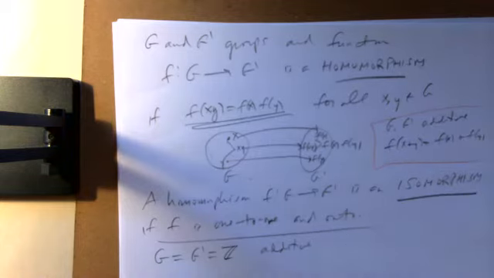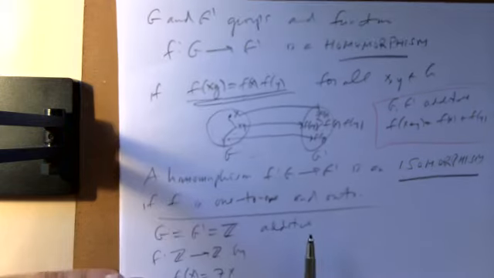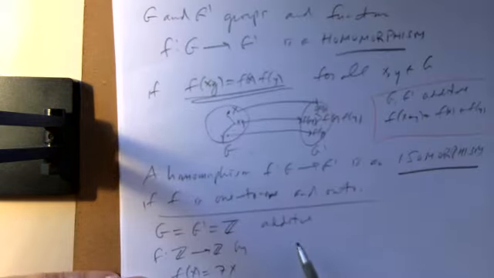So define the function f from Z to Z by, let's say, f of x is 7 times x. I claim this is a homomorphism. Why?